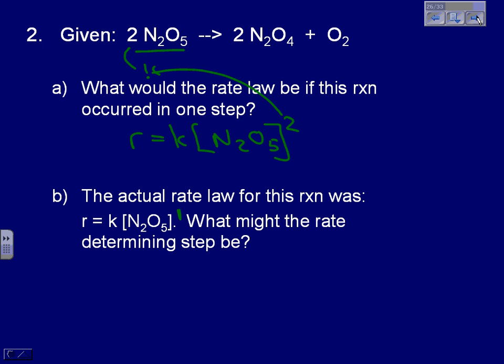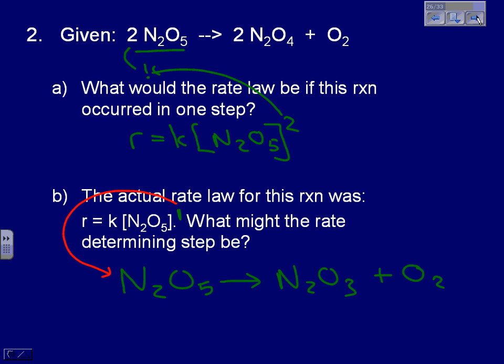All right. Well, if it's got a number 1 in it, then we have to have a step that only contains 1 N2O5. And this is where you can be a little creative. There is no officially right answer to this. It just simply means that I have to have the number 1 in the coefficient for the start of my reaction. So why don't we then just have this particular thing spontaneously break down into something like, well, we're trying to get to N2O4, so maybe we have N2O3 and an O2 falls off.